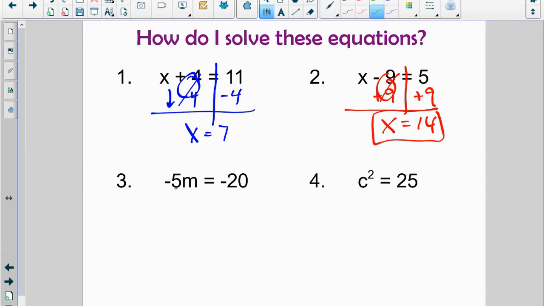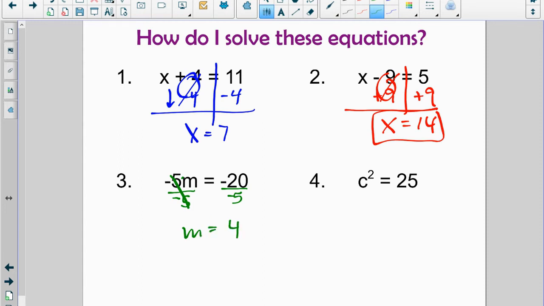Let's look at number 3. Negative 5m equals negative 20. How do I undo multiplication? We divide. If I want to undo the multiplication of -5, I divide by -5. Anything divided by itself is 1, and 1 times m is just m.